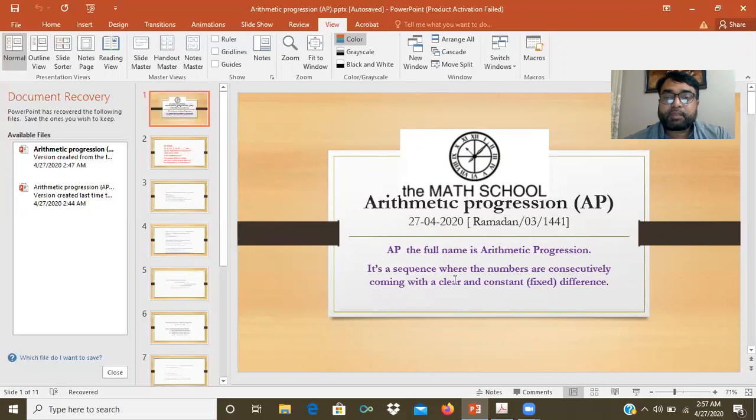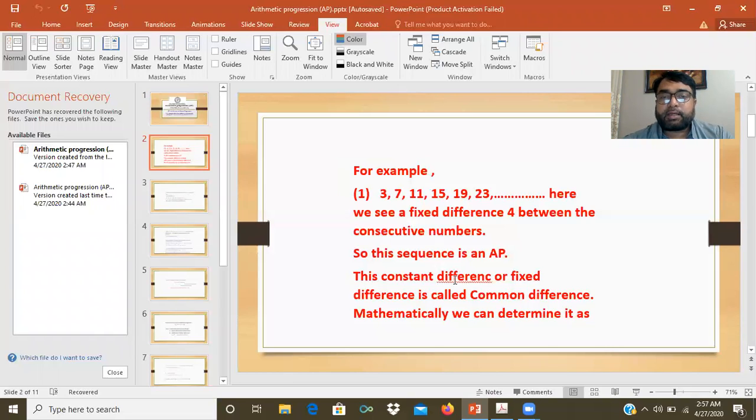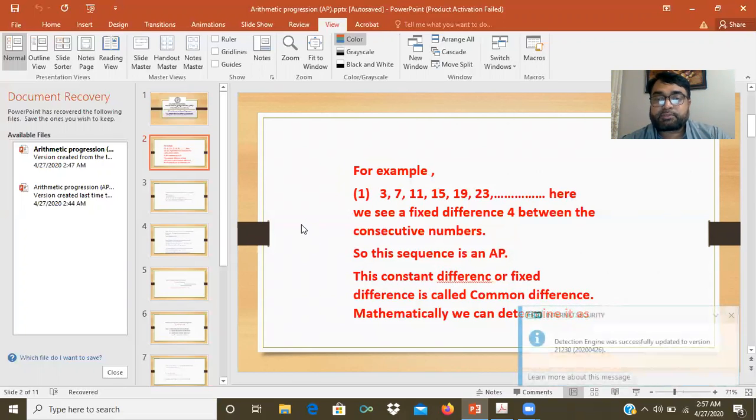And what is that? And you see, I'm just using an example here. Example 1. See, the numbers are like 3, 7, 11, 15, 19, 23, and so on. So here you see a fixed, constant difference, 4, between the numbers.